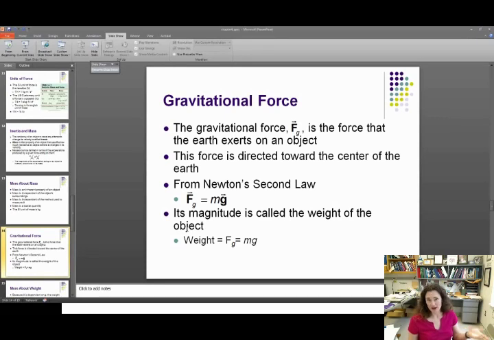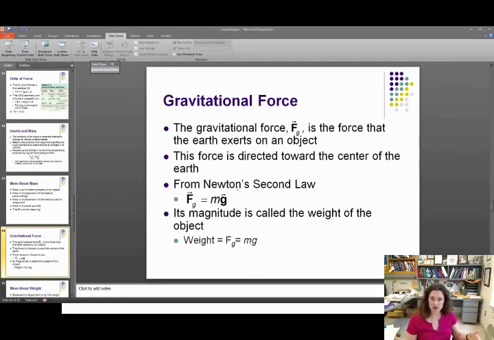So that's why gravity is in the same direction, always down towards the center of the Earth, whether you're in the United States or China, right? It pulls towards the center of the Earth. So people's heads are up here in the United States, and they're this way in China, but to everybody else, it's just towards the center of the Earth. So from Newton's second law, if you plug in what we learned last chapter, the acceleration due to gravity is 9.8 meters per second squared downward.